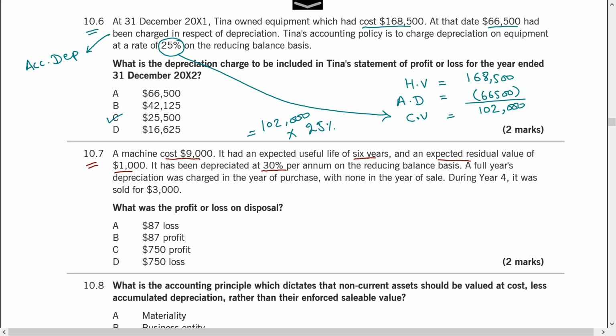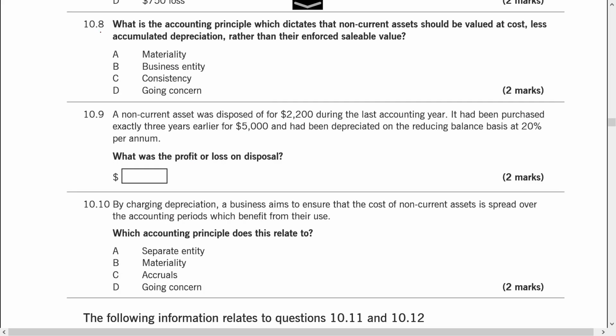A full year's depreciation was charged in the year of purchase with none in the year of sale. During year 4, it was sold for $3,000, and we are required to find out profit or loss on disposal. And we have already solved a similar question before, so I will suggest you to try to attempt this question by yourself.